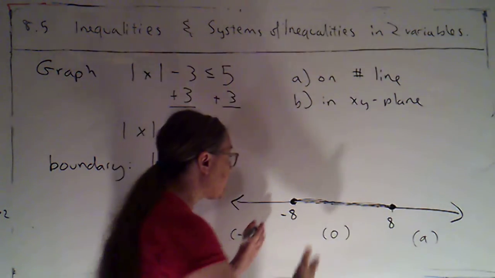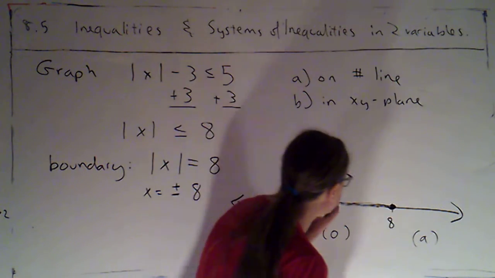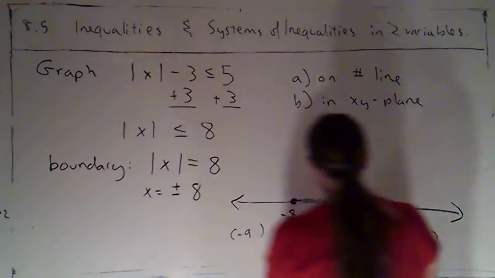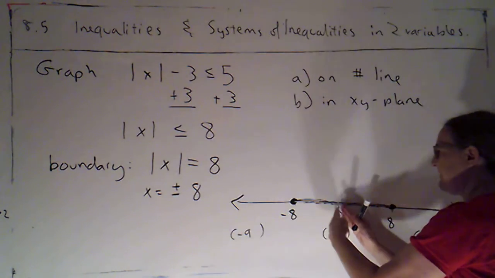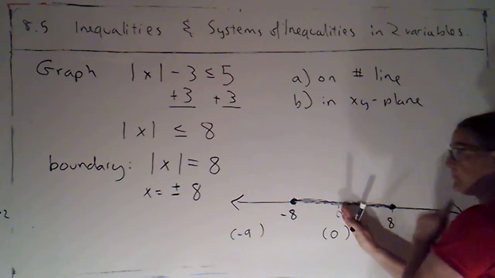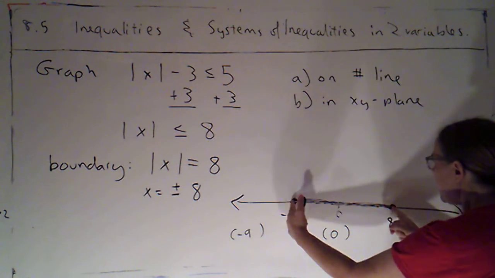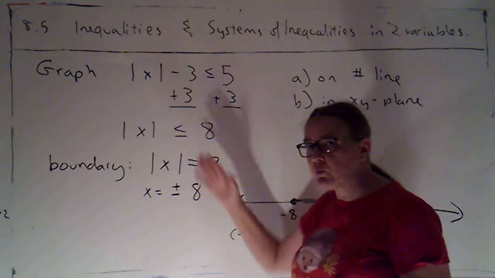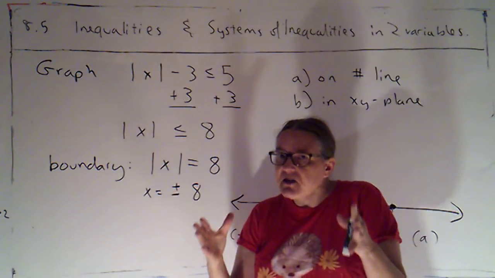So we sort of marked off these two boundary points. 0 on our number line would be right there in the middle. Negative 8 is 8 units away to the left. Positive 8 is 8 units away to the right. Okay. So we can sort of think of this as if we're saying the absolute value is small, we're saying we want the distance to be small.